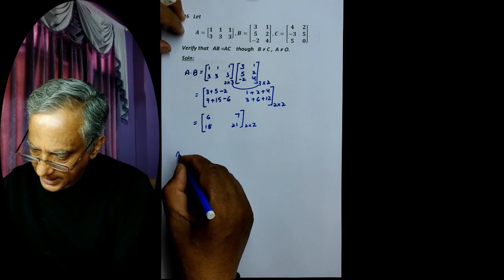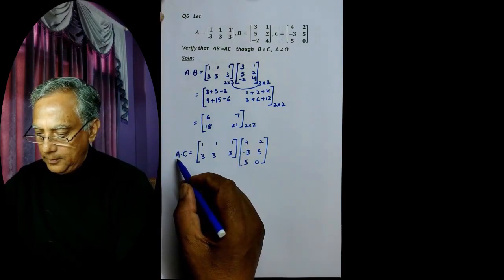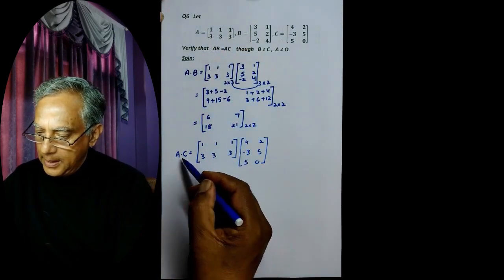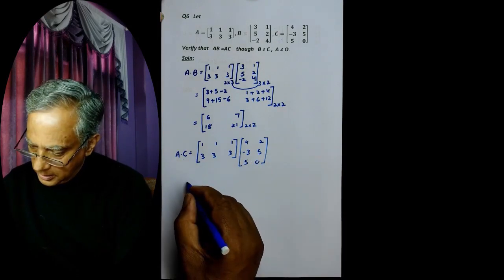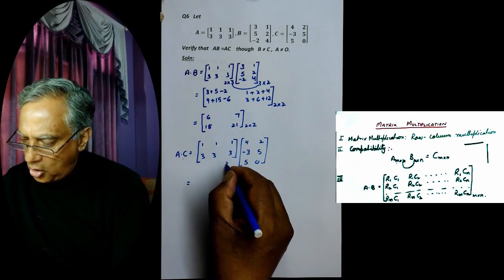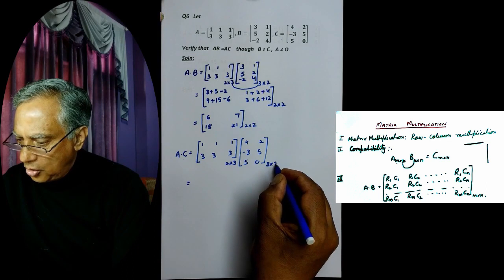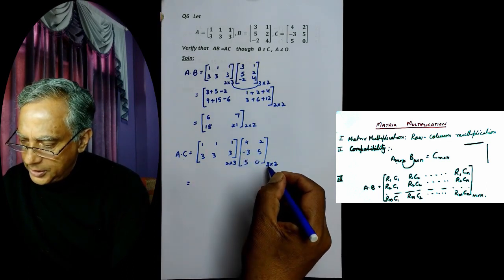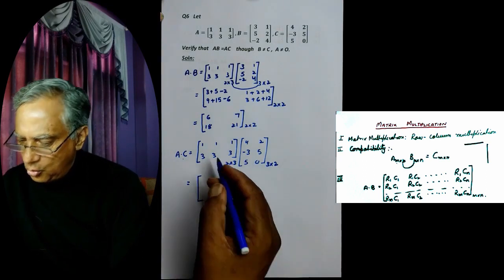Now we find A into C. Now A is this much and C is this much. Now we see their orders. This is 2 cross 3 and this is 3 cross 2. 3 rows and 2 columns. So compatibility condition is satisfied and the result will be a 2 cross 2 matrix.